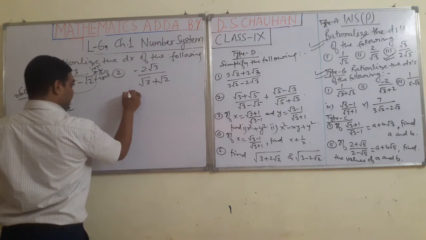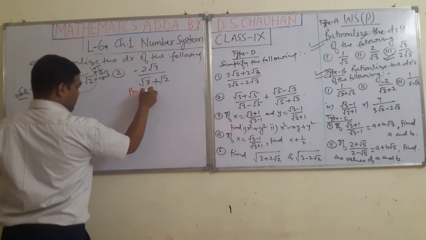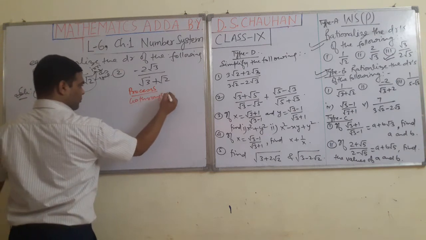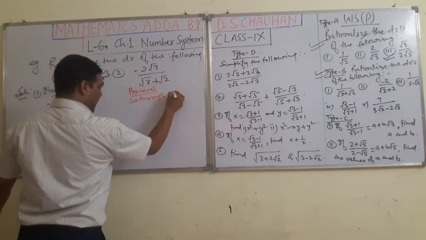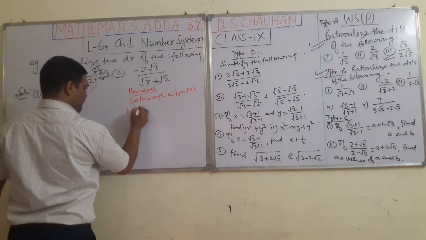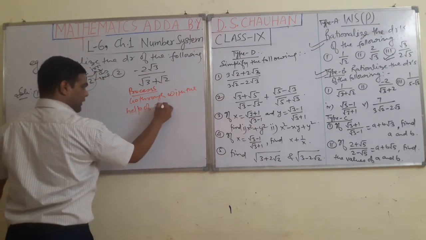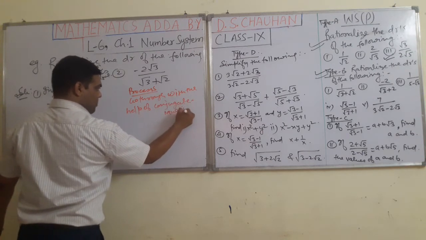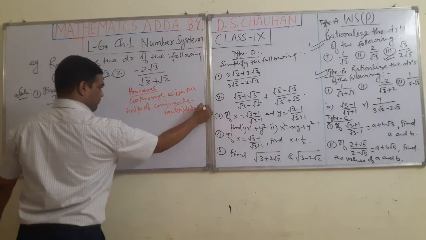Process: go through with the help of conjugate multiplication. See easily.